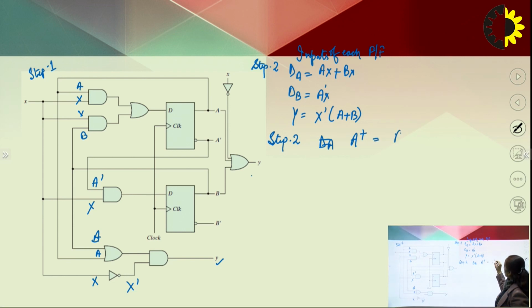It will be AX plus BX again. B plus will be A bar X, and finally we are going to have some Y, right? So the next step is we have to draw the present state, next state table. So quickly draw that, complete the table.